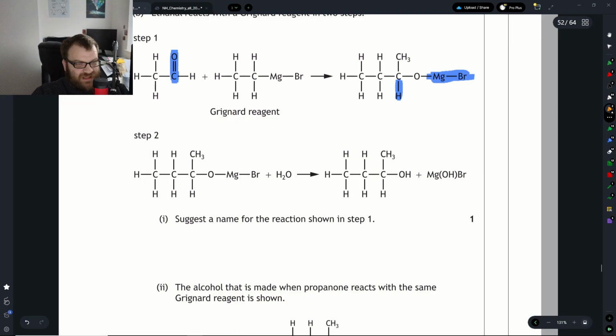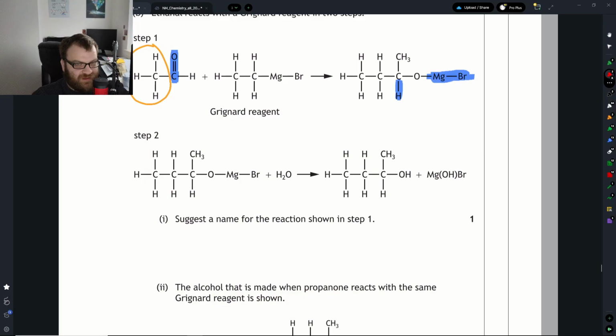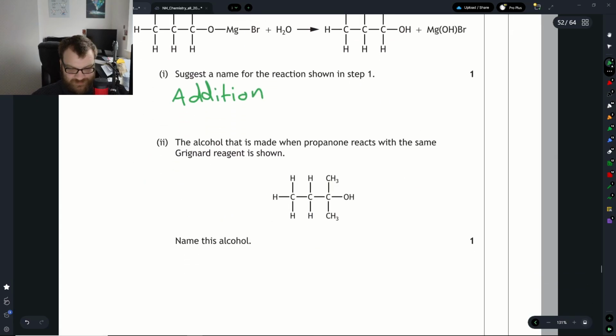What we've got is this carbon here, CH3, this carbon up there. Also, these 2 carbons come from here. So when you break a double bond and add things to it, that is an addition reaction. Typically a carbon to carbon double bond. In this question we're breaking carbon to oxygen. It is an addition reaction.